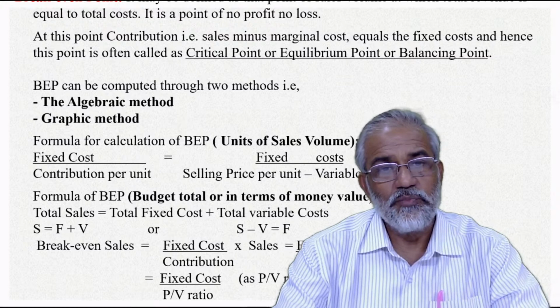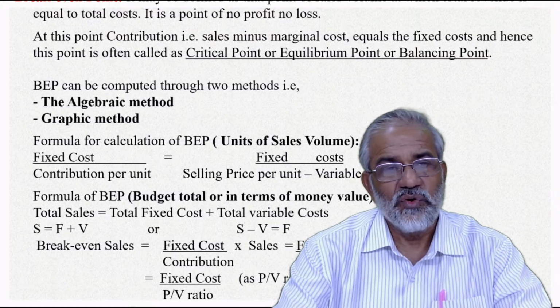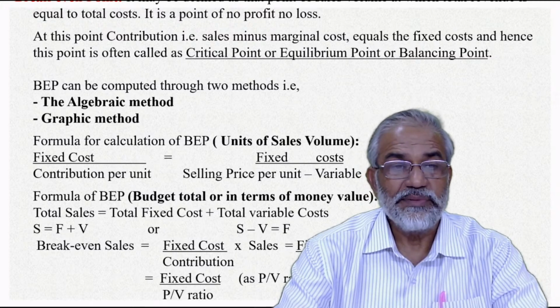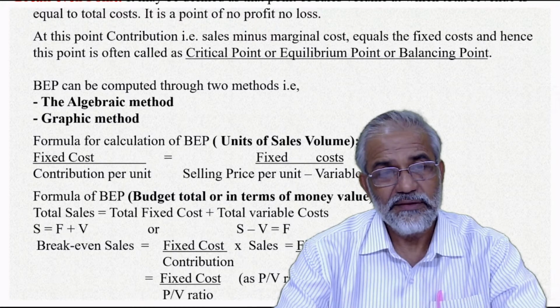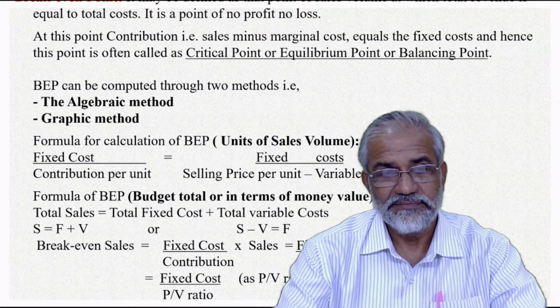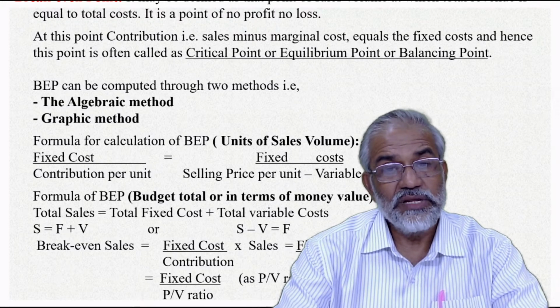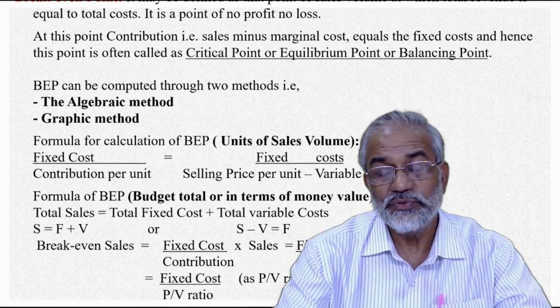So BP can be computed through two methods, that is the algebraic method and the graphic method. There can be a graphical presentation of the break-even point, or there is another, algebraic method of presentation. The formula for calculation of BP, that means units of sales volume, is equal to fixed cost divided by contribution per unit.